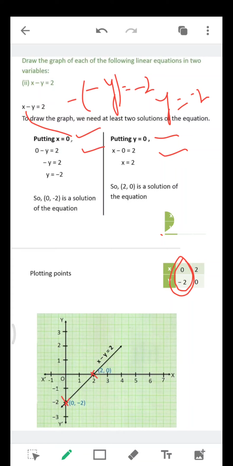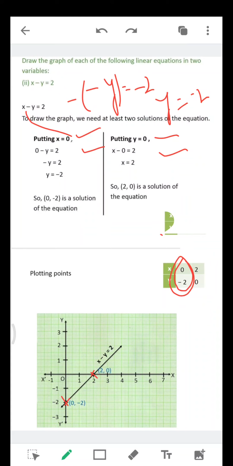You can try it and check with your friends. Take different solutions, the graph will look the same. This line has infinite points, which is a never ending line. You can see this, we must put the arrow also. After drawing the graph we must put the arrows, don't forget to put arrows. So this is a never ending line.